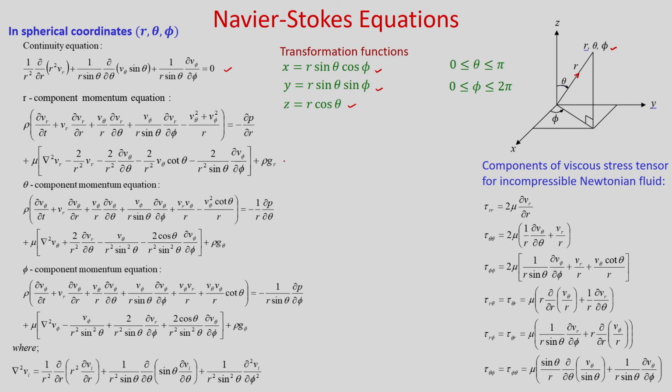This is the r component of momentum equation, this is the theta component of momentum equation, and this is the phi component of momentum equation, where grad square V i is given by this expression, and corresponding components of viscous stress tensor can be written like this.